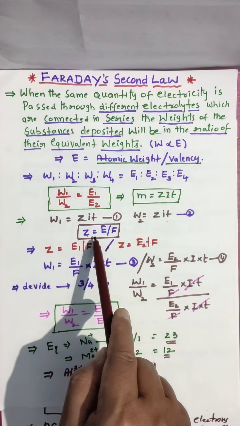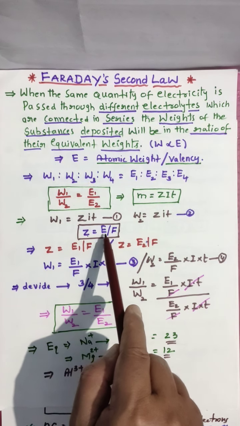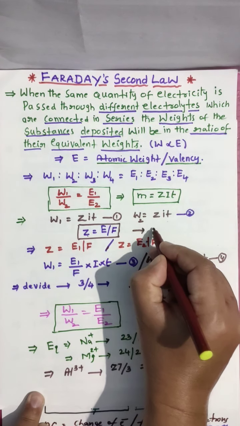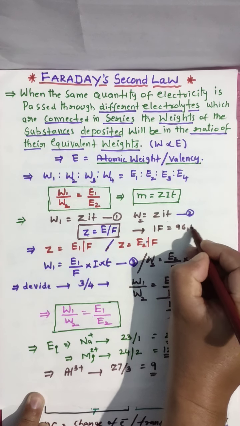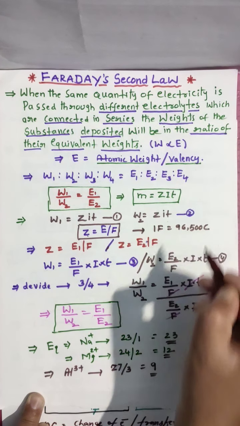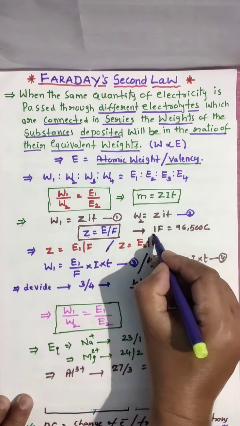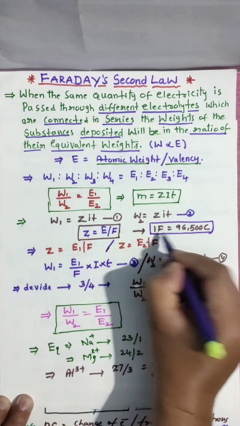But the Z formula you know very well. Z, that is electrochemical equivalent weight, equal to the equivalent weight of that particular substance, that is element, upon Faraday. The Faraday value you know very well already. Number of times we discussed it. 1 Faraday equal to 96,500 coulombs. 1 Faraday is nothing but the charge of 1 mole of electrons.